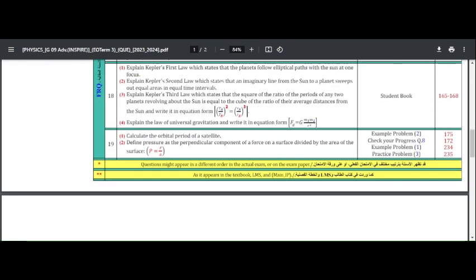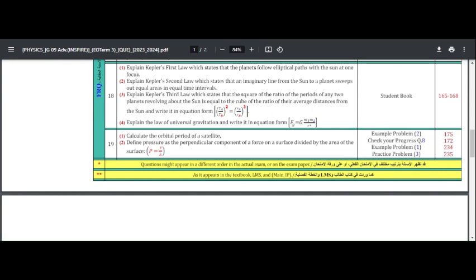Then in question number 18, they are saying explain Kepler's first law, which states that the planets follow elliptical paths with the sun at one of the foci. Explain Kepler's second law, explain Kepler's third law, explain the law of universal gravitation, and write its equation.